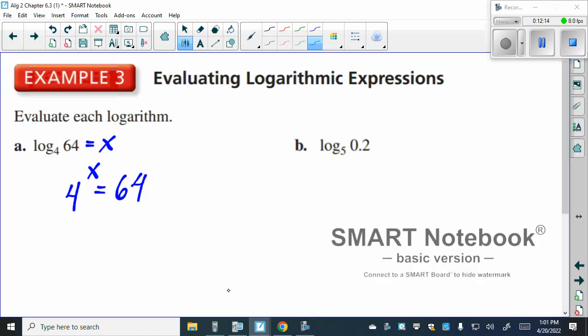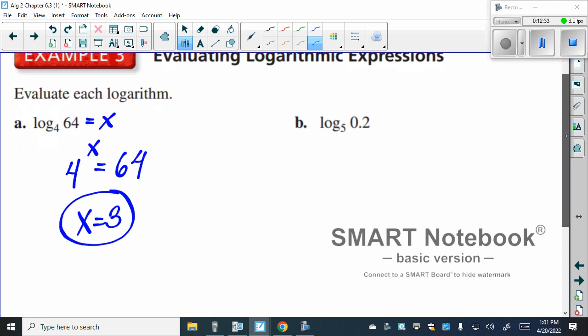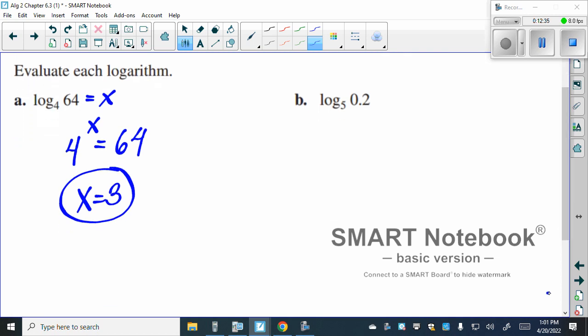So here, when we're trying to see 4 to what power is 64, our answer is 3. So log base 4 of 64 is 3. Okay. Let's look at the next one.